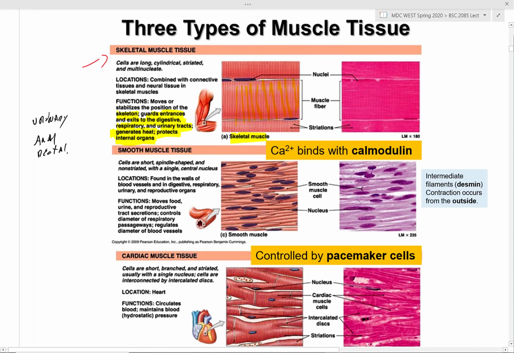It's actually the anus. For the anus, you have internal and external sphincters. You guys know what a sphincter is, right? So the external sphincters, all of them are made out of what?